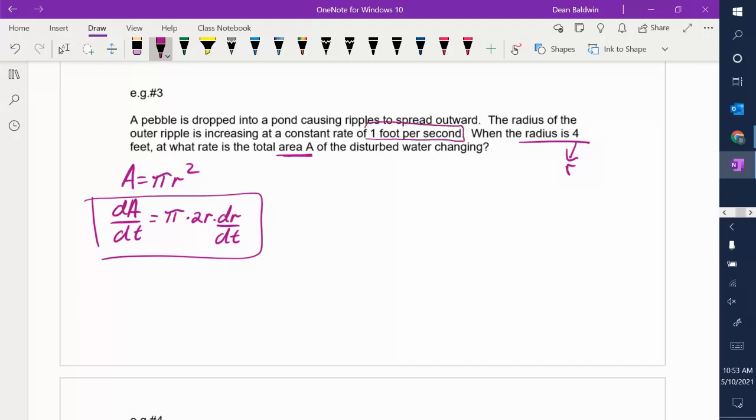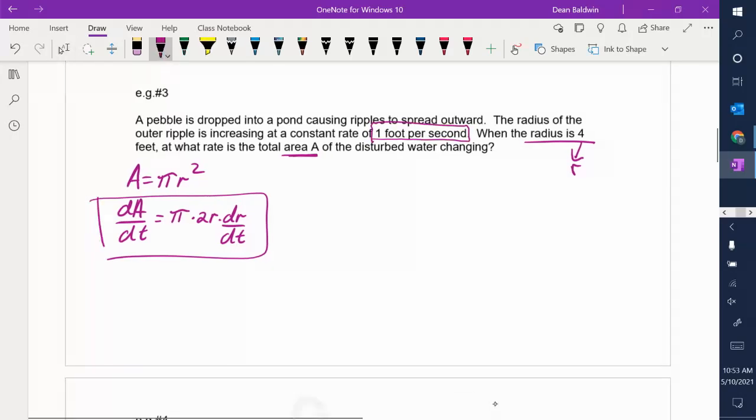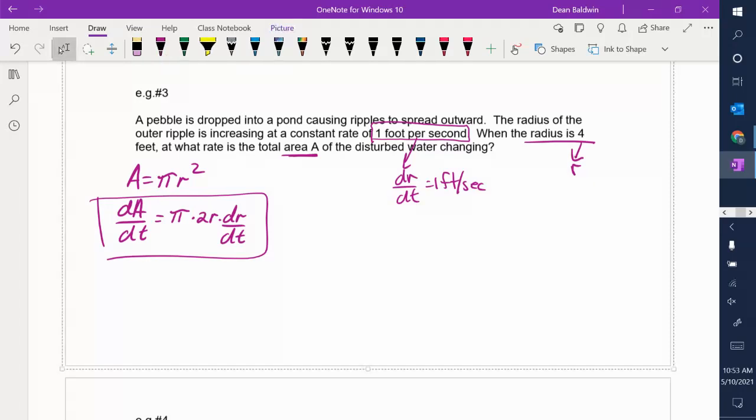This bit right here, 1 foot per second. The radius of the outer ripple. So dr dt is 1 foot per second. And it's feet, because I stole this from an American. Should be 1 meter. It's Canadian or anywhere else in the world.